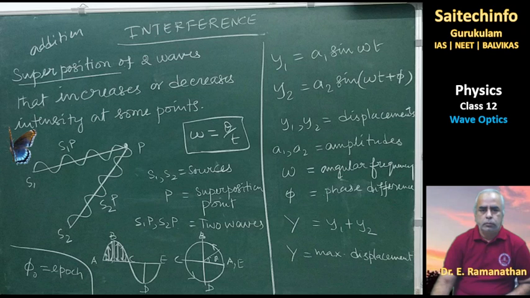Let me consider A is the starting phase, 0 in terms of angle, radian, and this is pi by 2 radian, that is 90 degree, and this is C, 180 degree, D, 270 degree, E, 360, and thereby it completes a circular motion. Are you able to follow this? So a wave motion can be converted into a circular motion like this.